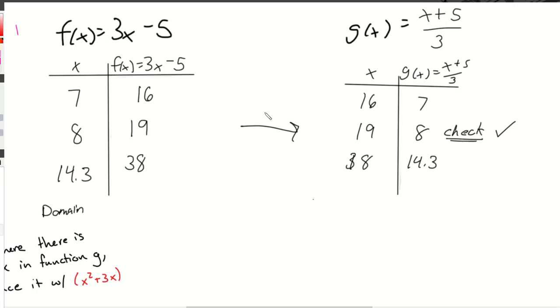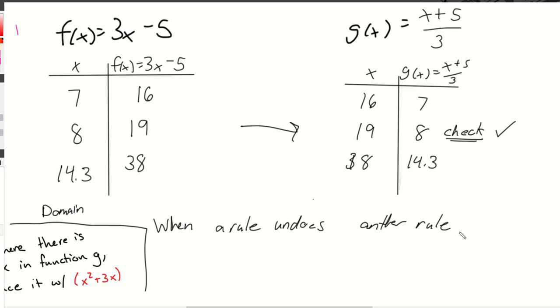So, we're going to write this down. Ready? When a rule undoes another, so like our functions, we call it an inverse, which we already checked with composition.